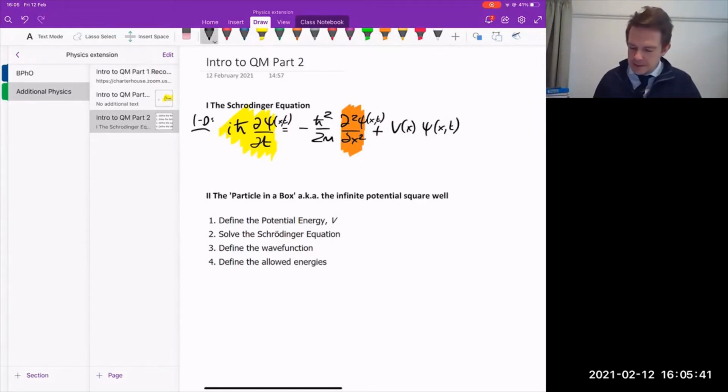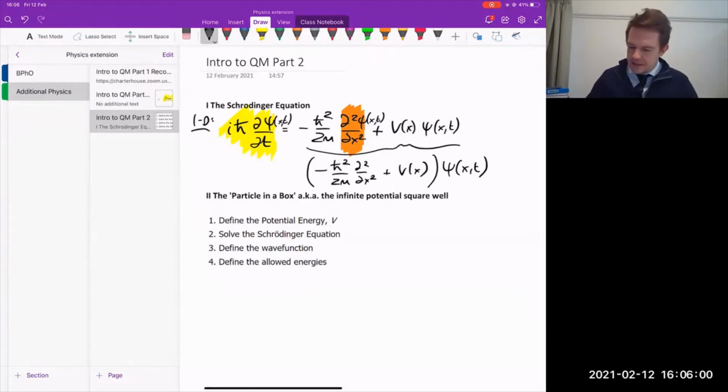This bit on the right-hand side can be rewritten. You can take out the wave function as a common factor and end up with something like this. And if you've done any reading ahead, this is called a Hamiltonian. It's often referred to as an operator, and the reason it's called an operator is that it's operating on the wave function.